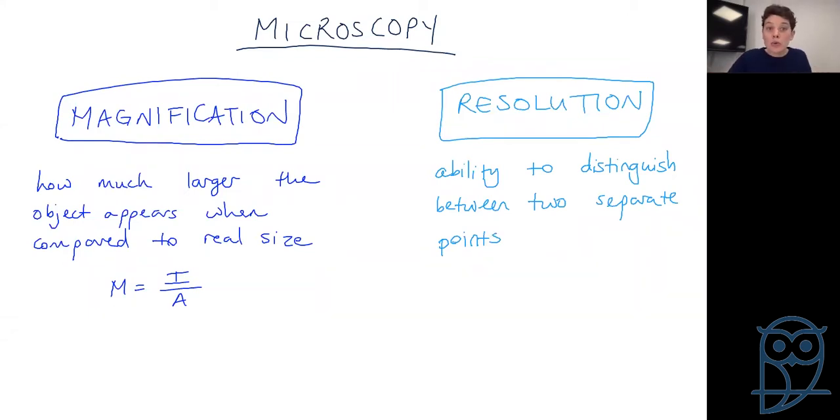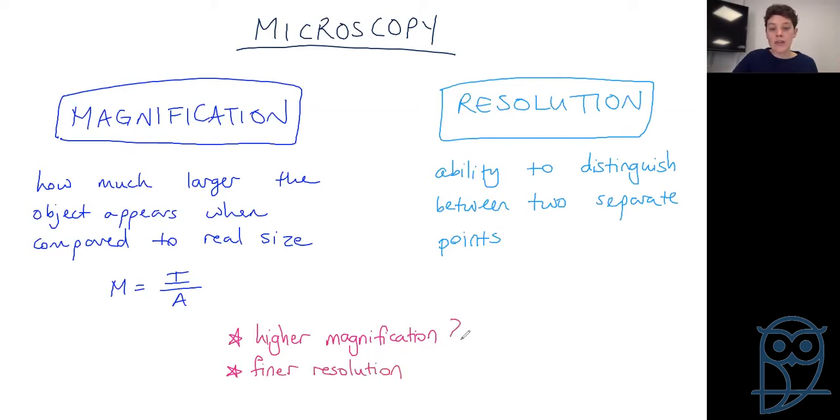So if we want to combine them, we would want higher magnification and we would want finer resolution, and this would give us the ability to see more detail.